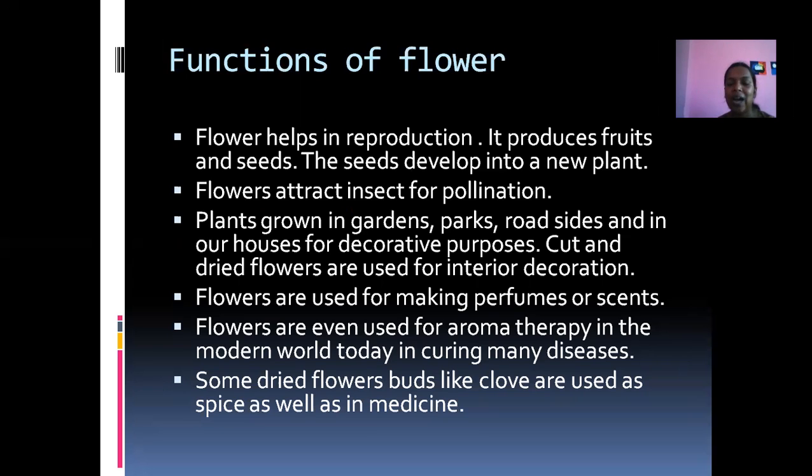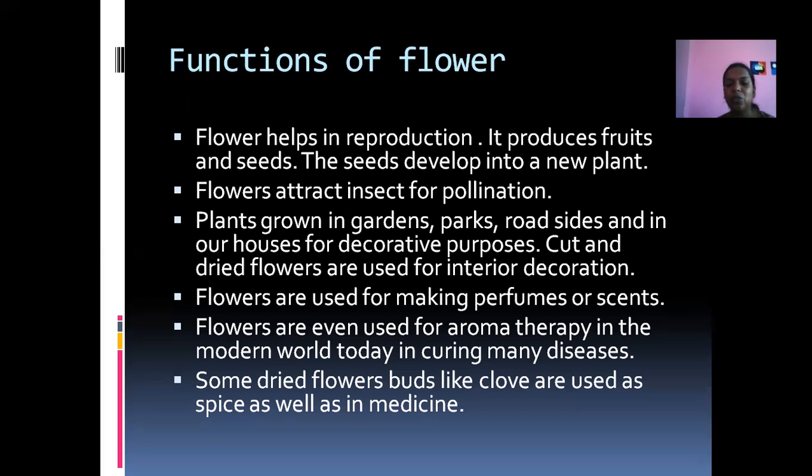Plants are grown in gardens, parks, roadsides, and in our houses for decorative purposes. Cut and dried flowers are also used for interior decoration. There are several uses of flowers. We can use flowers for decorative purposes. Flowers are used for making perfumes and scents.